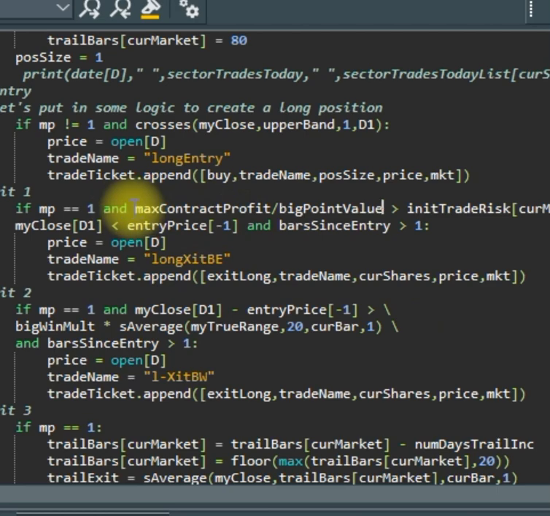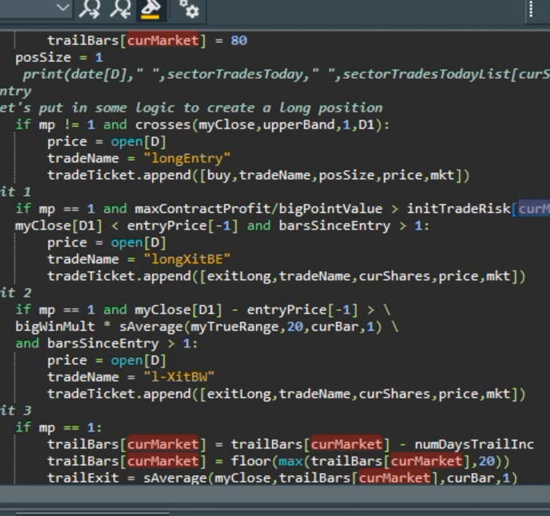If max contract profit, this is a built-in variable and it's in the wiki and the manual, divided by the big point value. So this is going to be a dollar value. And once I divide a dollar value by the big point value, it gives me a price range. If it's greater than the init trade risk of the current market, we'll always remember the current market. That's key. That's the key thing to Trading Simula 18.